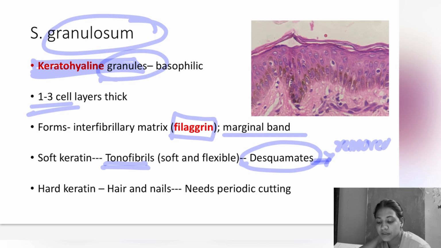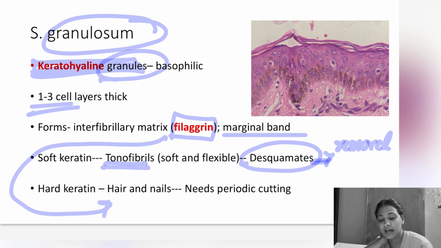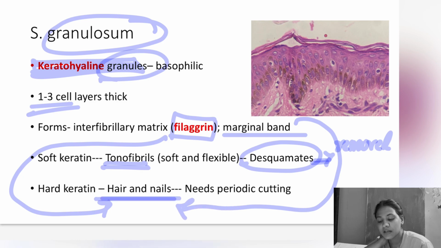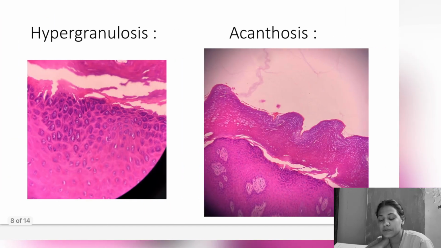However, there is hard keratin, which is formed from the interfibrillary filaggrin and marginal band, and this constitutes our hair and nails, and that is why they don't desquamate with enzymatic effect. That is why they need periodic cutting. So similarly, as there is hyperkeratosis and parakeratosis, there is also hypergranulosis.